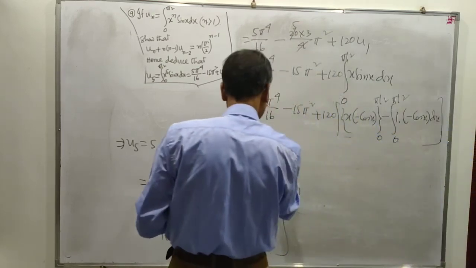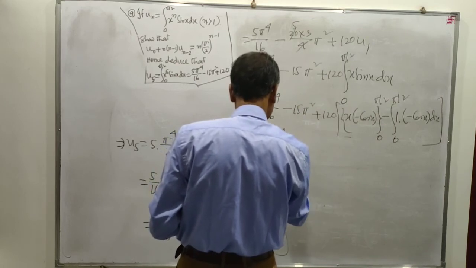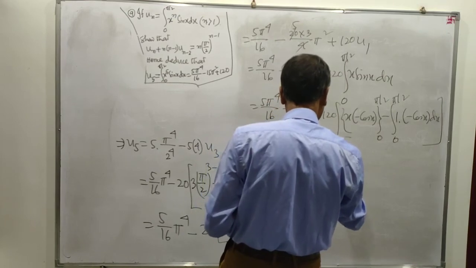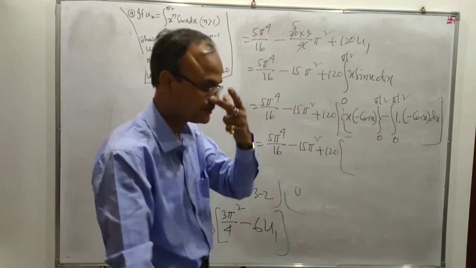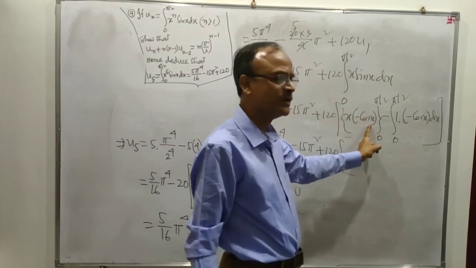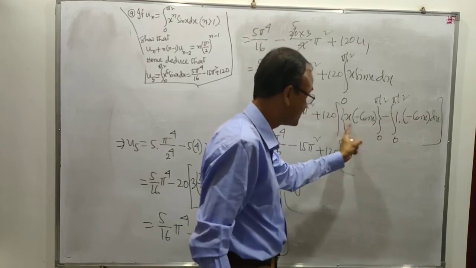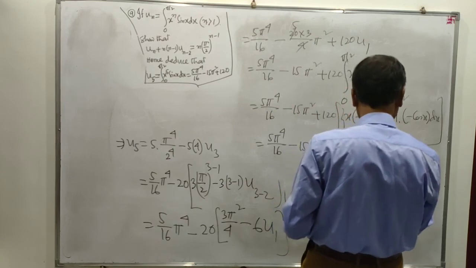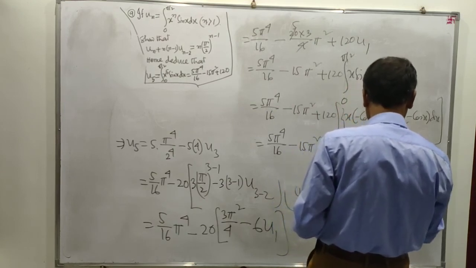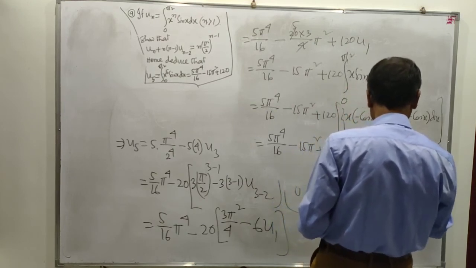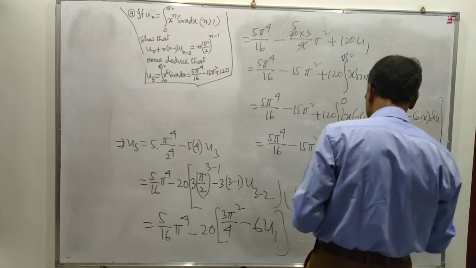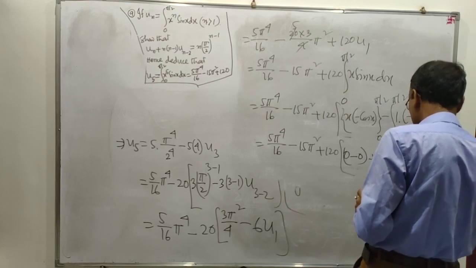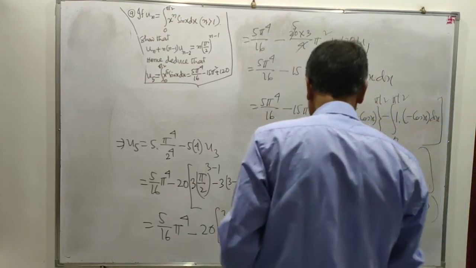What is this? Equal to 5 pi to the power 4 by 16 minus 15 pi square plus 120. You see here, cos pi by 2 means 0. If you put x is equal to 0, it will be 0. No contribution from this term, 0 minus 0, plus integration 0 to pi by 2 cos x dx, since cos pi by 2 equal to 0.